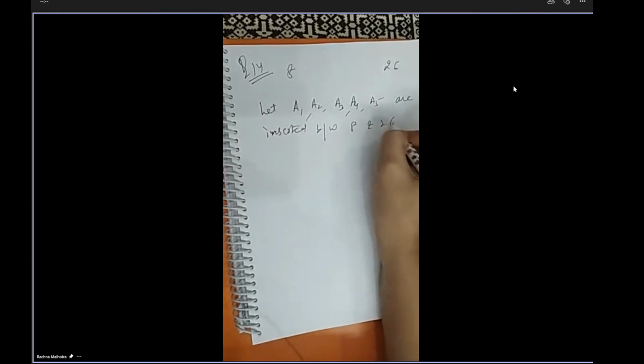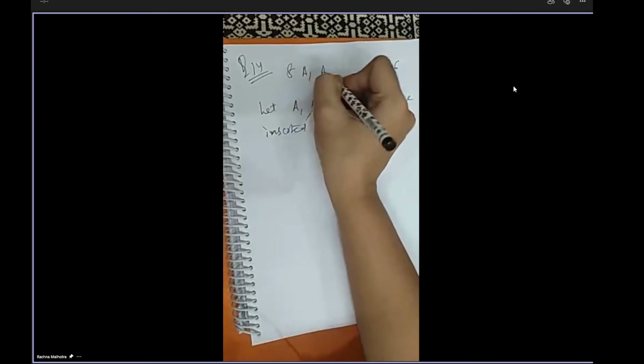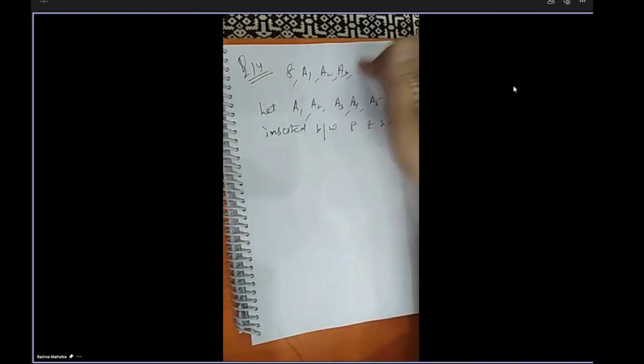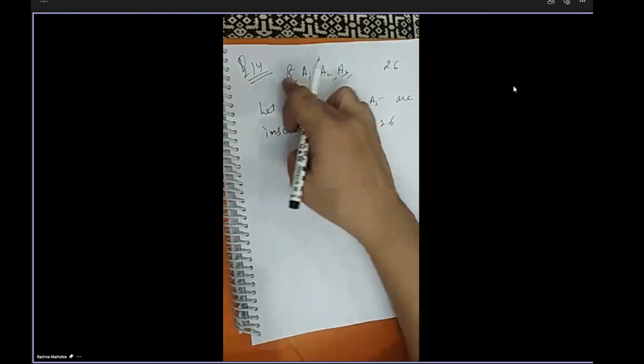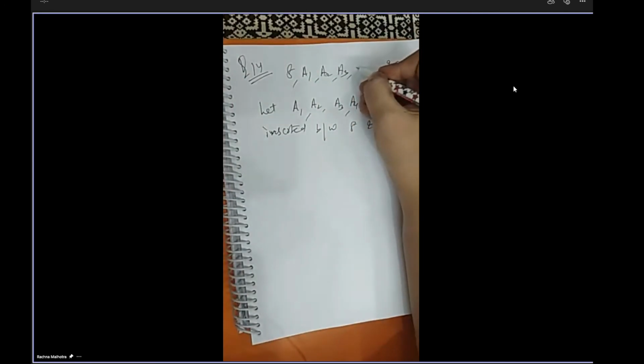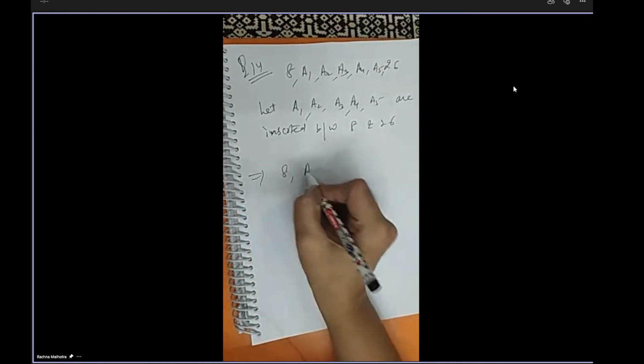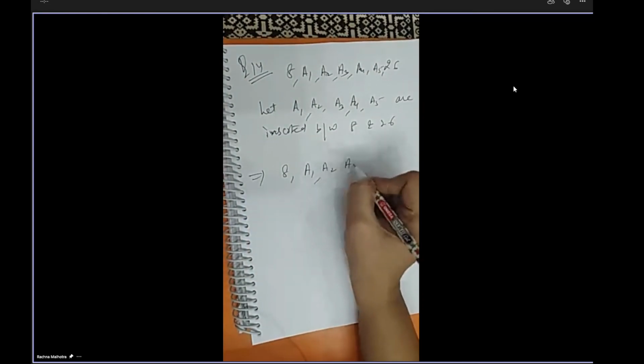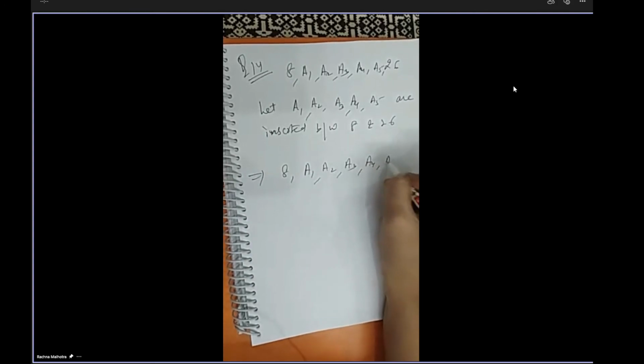You can use small letters also, but small a we generally use for the first term, so that is why I'm writing capital. It should be a little different. So 5 numbers are inserted between 8 and 26, and this resulting sequence is an AP.